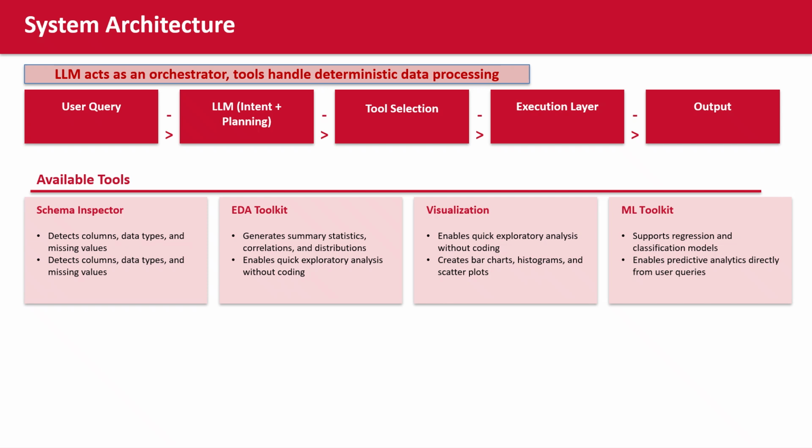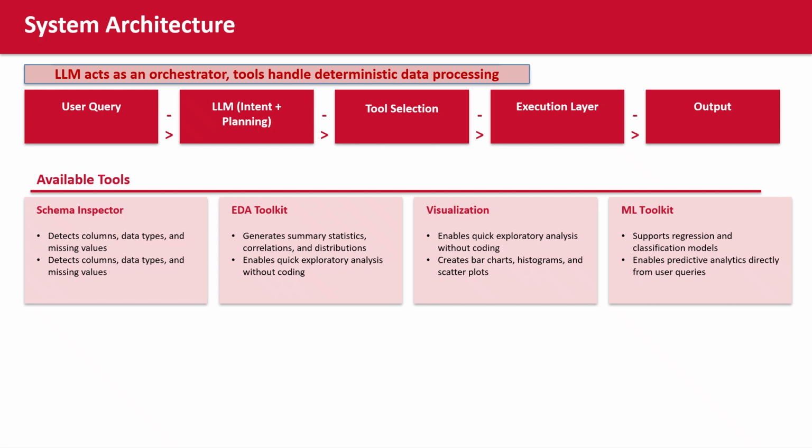As a data analyst, you might need hundreds of tools, but what we have built is very small. That's why I called it an MVP at the beginning: we have only these particular tools available right now. The schema inspector detects column data types and missing values.